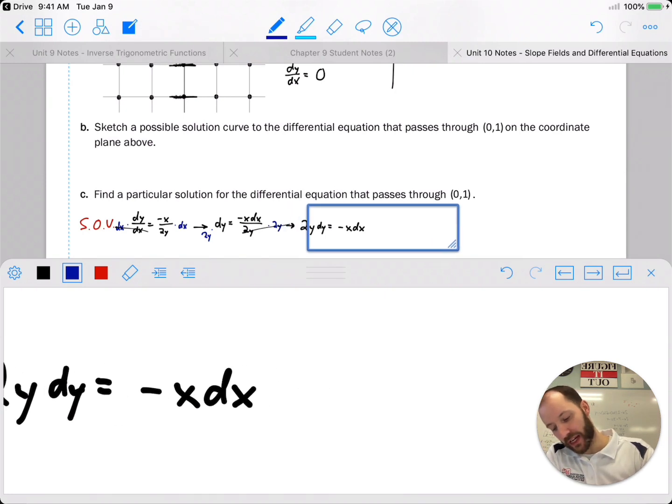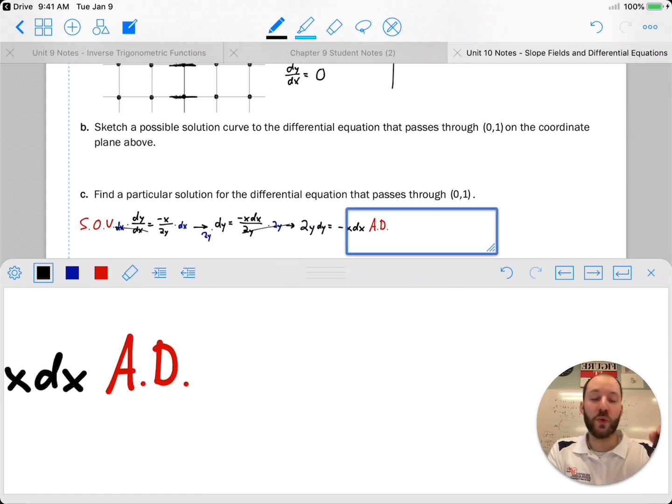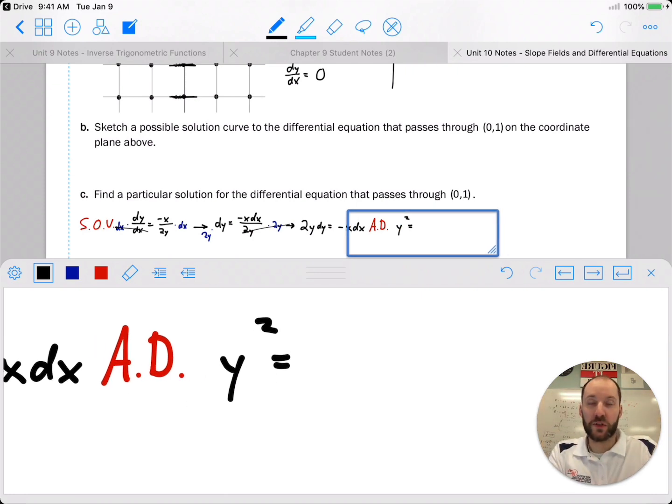Now, in red, I want red because they do, take your antiderivatives. So 2y dy, 2y will become y squared, and the dy goes away. Negative x becomes negative 1/2 x squared.